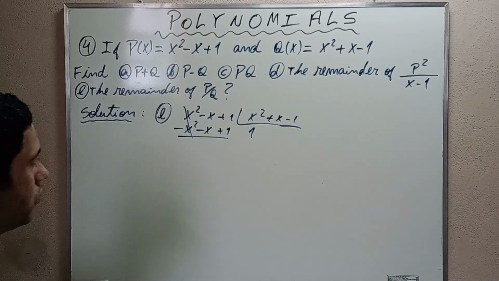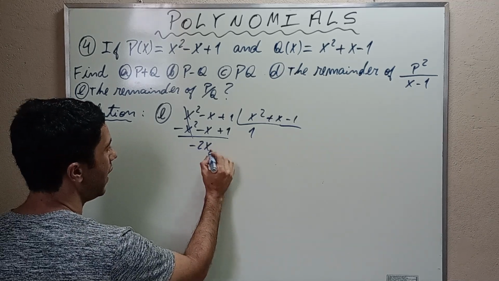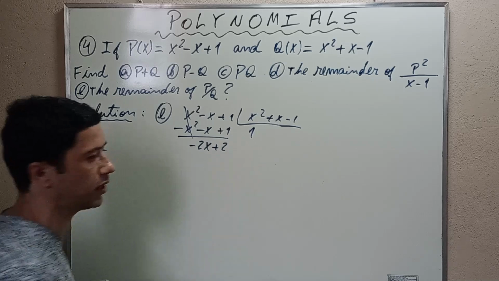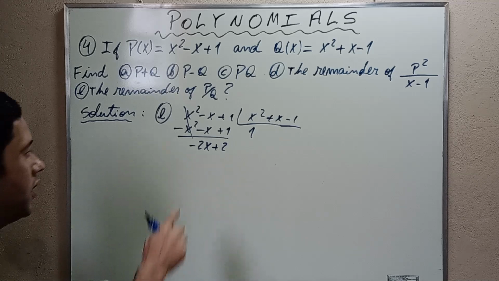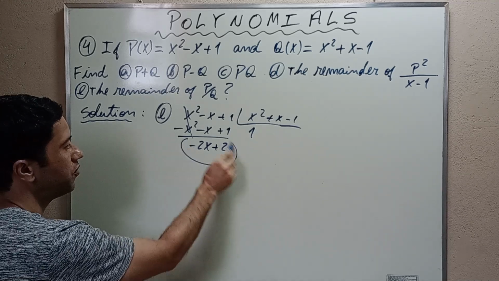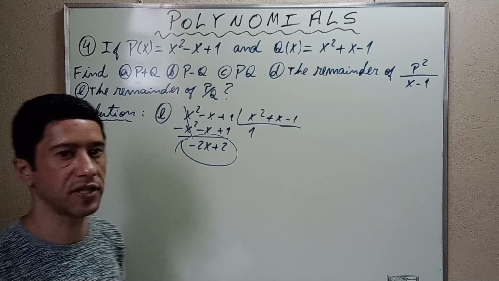Cancel each other out, then it becomes negative 2x plus 2, okay? And the exercise asked to find the remainder, and the remainder of the division is this. This is the remainder of the division, okay, my friends? It is all for exercise number 4.